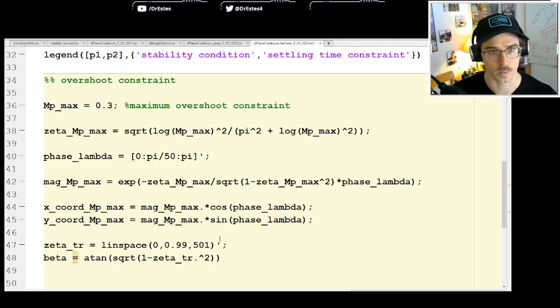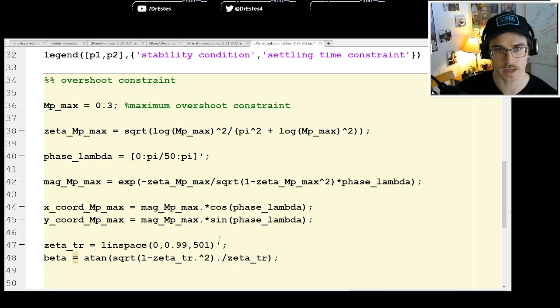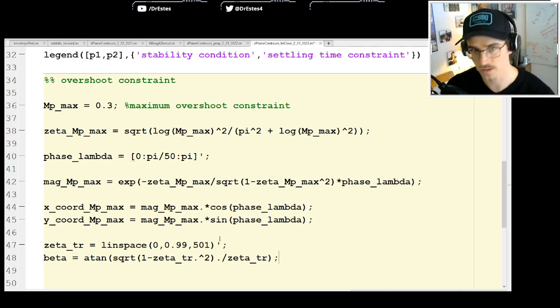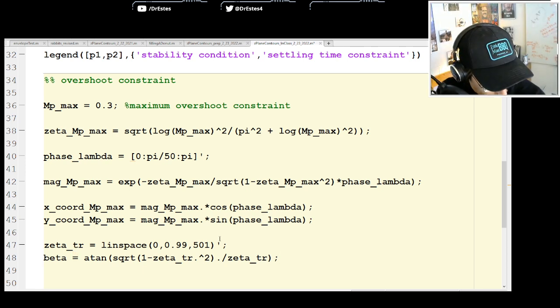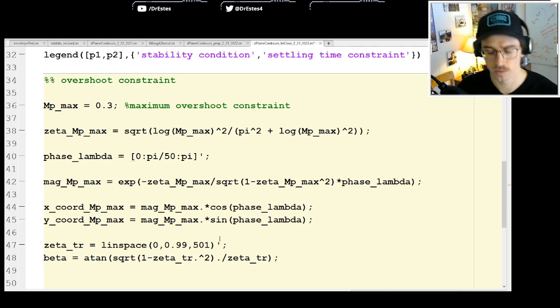And then we're going to divide that by zeta, but we need to do a dot divide, because once again, we're dividing by every element in a vector. So dot means element-wise division. Okay, so we have zeta, we have beta.